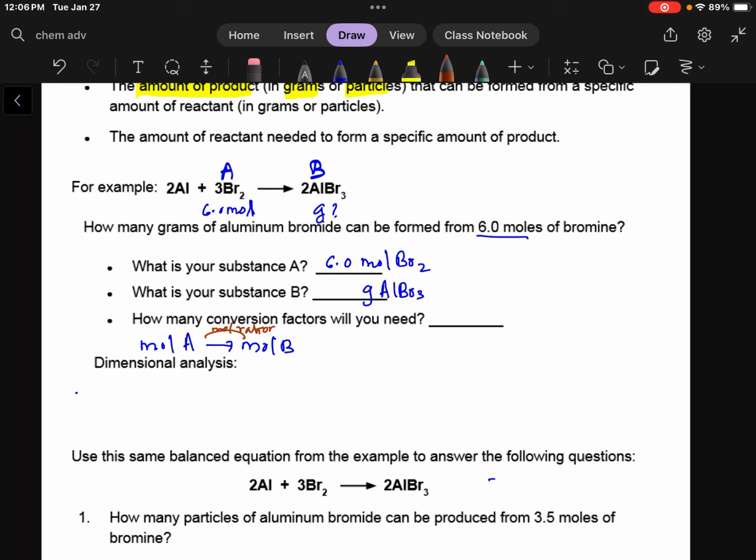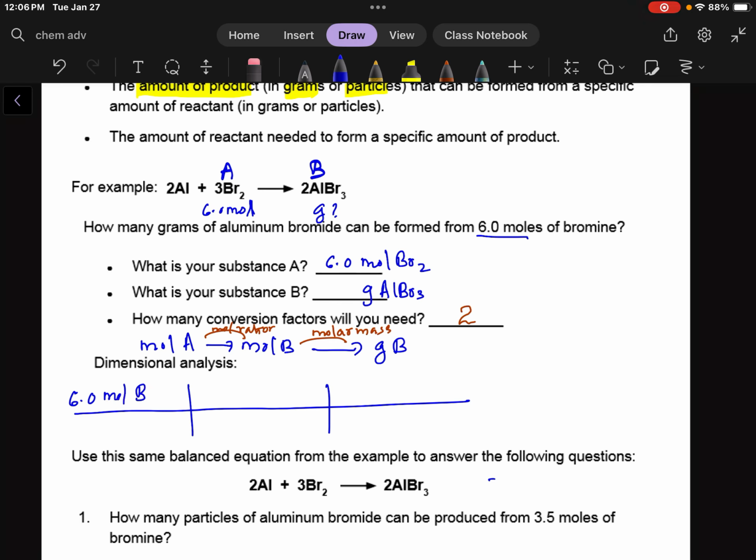After that we convert moles of B into grams of B, multiplying with the molar mass. Basically there are 2 conversions. So start a T chart with the 2's.